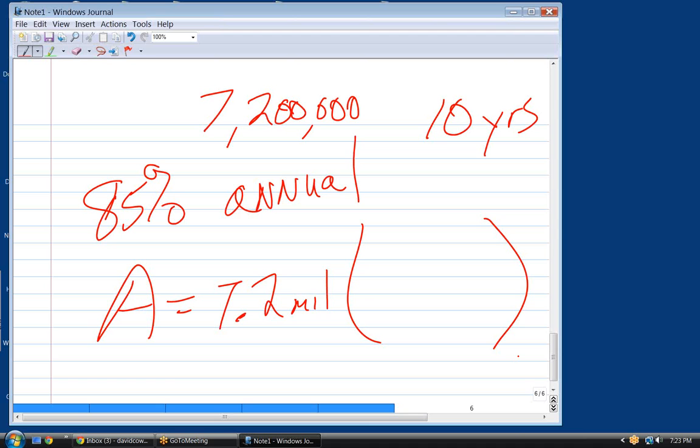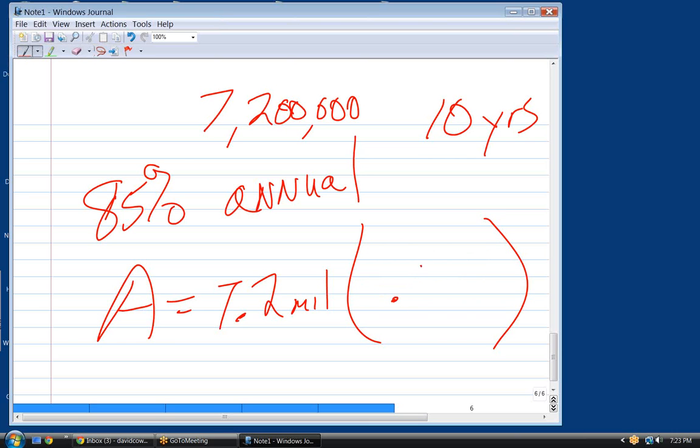How many mosquitoes are going to be left at the end of 1 year? 85% or 15%? 15. Yeah. So this is 1 minus R, or 0.15.